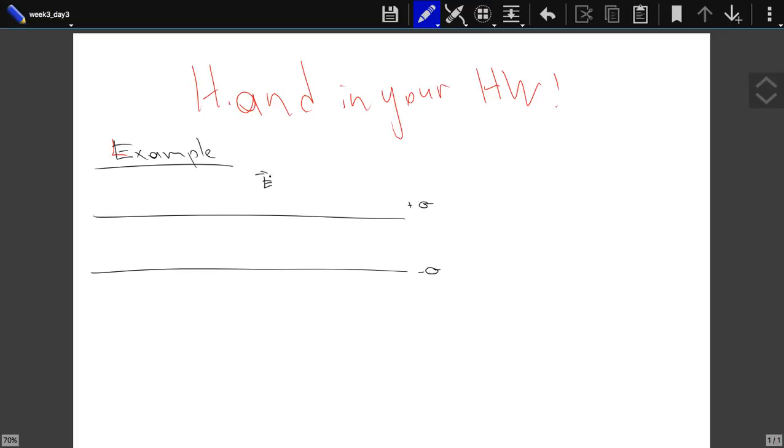We know that the electric field out of the plates is equal to 0. And in between the plates, it is uniform, pointing in this direction. And it is given by, let's say this is the z-axis, electric field is sigma over epsilon 0 in the minus z direction. This is our electric field in between.